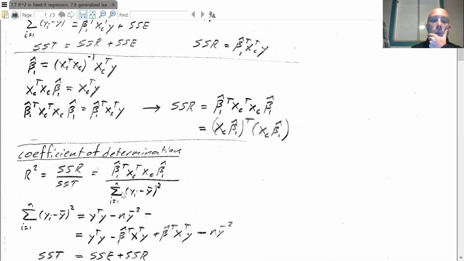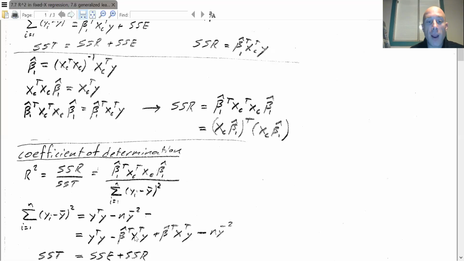Now, if we remember, I can rewrite this: sum of squares total is the same as y transpose y minus n times y bar squared. What I'm going to do inside here is add and subtract the regular beta hat transpose x transpose y.